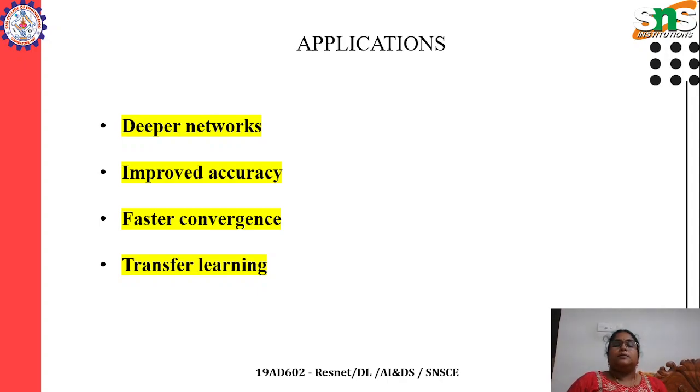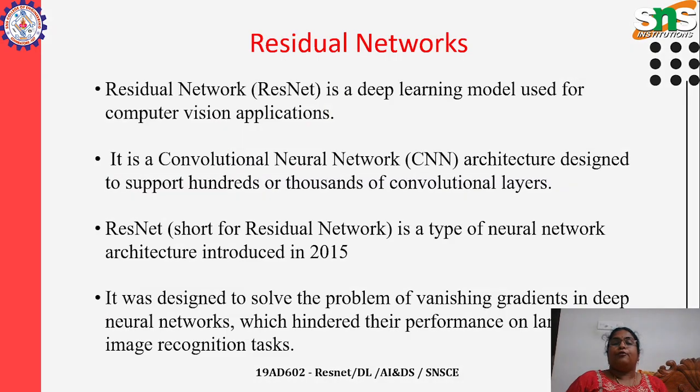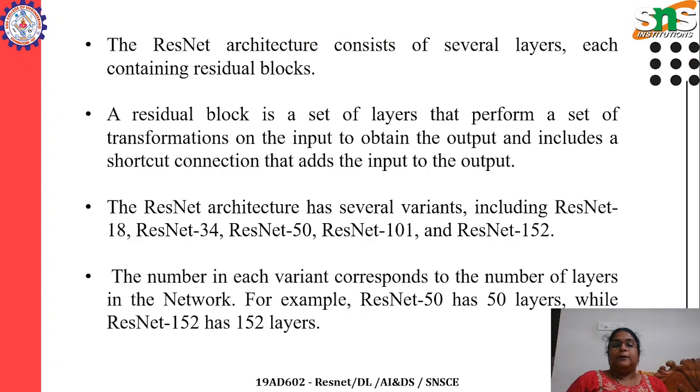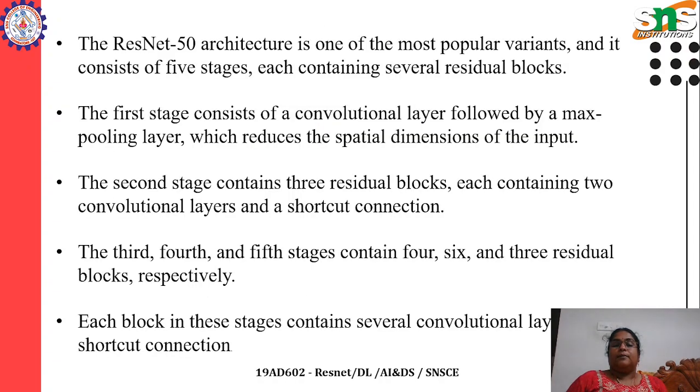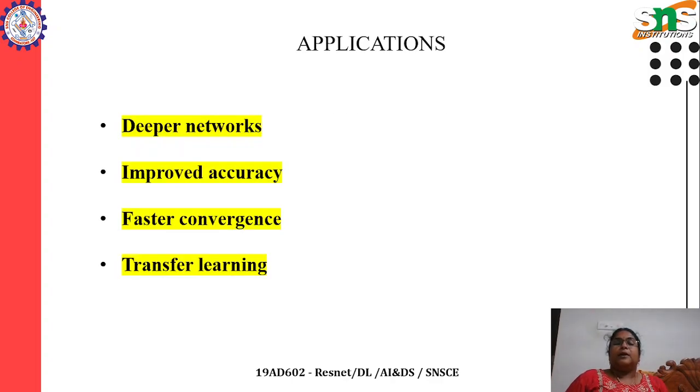This ResNet is an important network architecture in convolution neural networks because it overcomes the drawbacks of the VGG network, as we have already discussed. Now the applications: ResNet is mainly used in deeper networks.